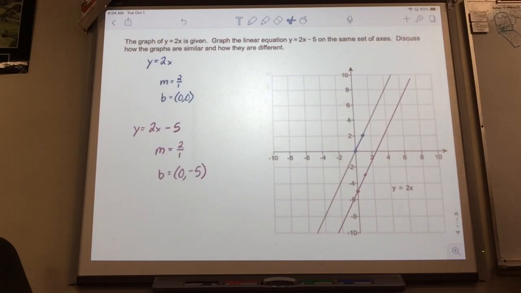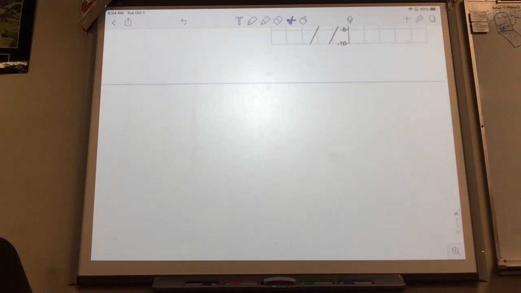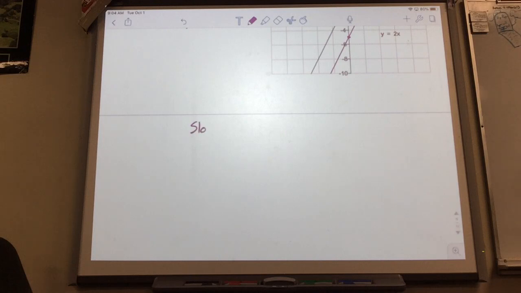If you're both vertical, you're never going to hit. If you're both perfectly horizontal, you're never going to hit. Slanting is perfectly the same. You're never going to hit. Okay? If your slope is the same, I don't have it on the next slide, so let's just write it. Slope is same. That means that you're parallel.